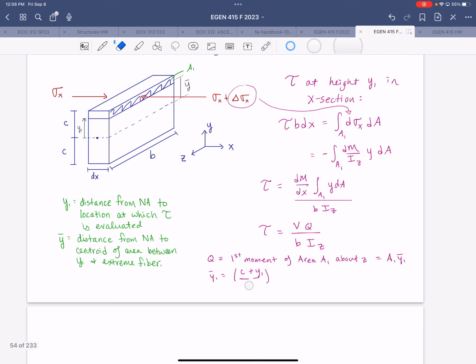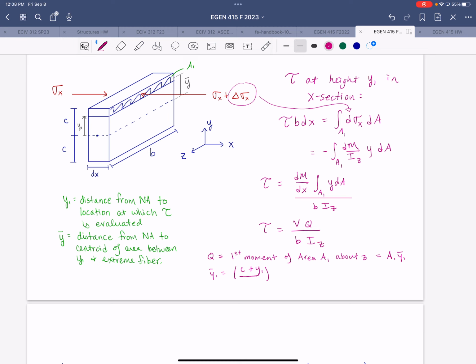And I know that's not immediately obvious, but I'll show you where that comes from as well in a moment, but we'll just finish this thought out. So Q is equal to b times (c minus y1).